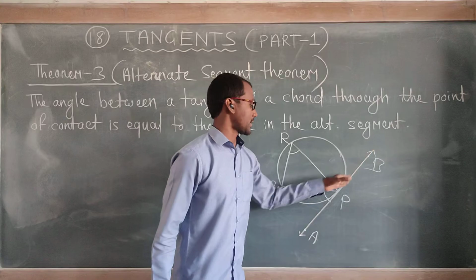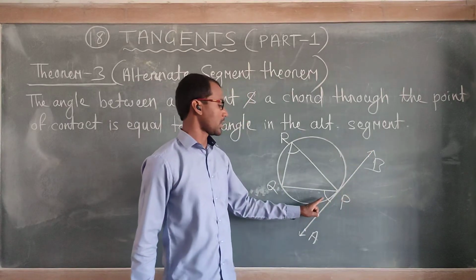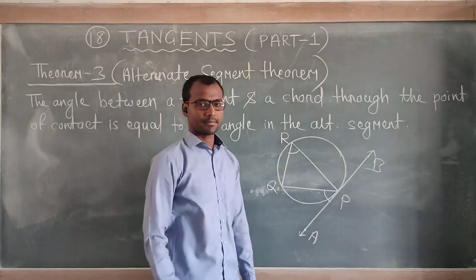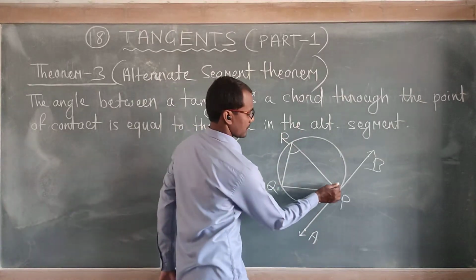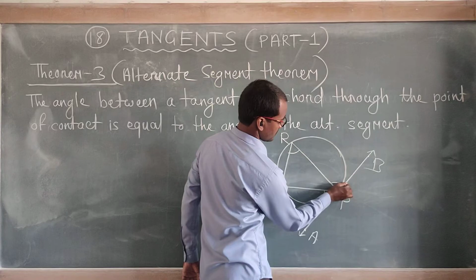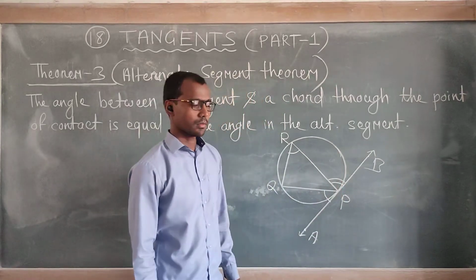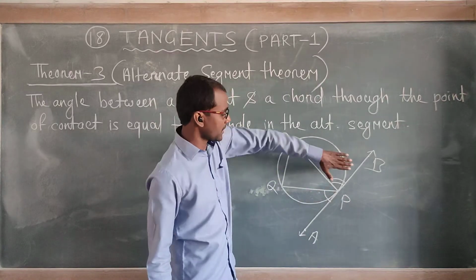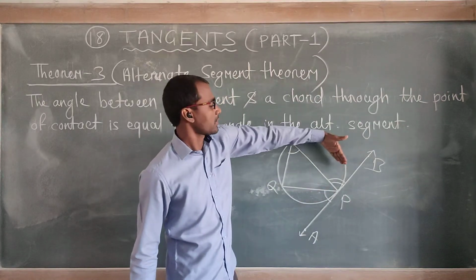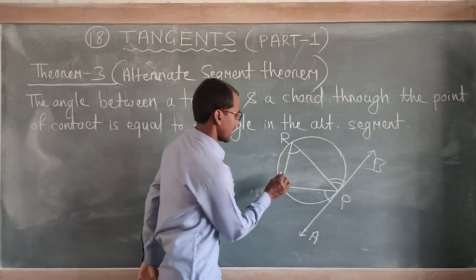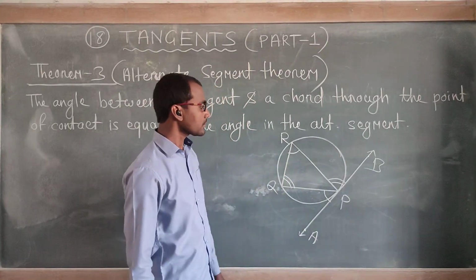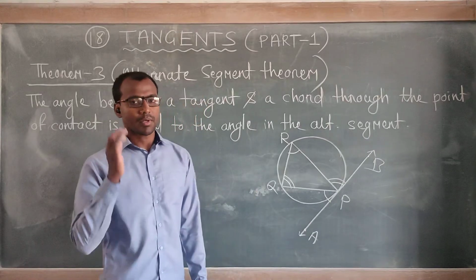So the angle between a tangent and a chord in one segment is equal to the angle in the alternate segment. Similarly, the angle between the tangent and the chord PR in this segment is equal to this angle in the other segment. So this is called the alternate segment theorem.